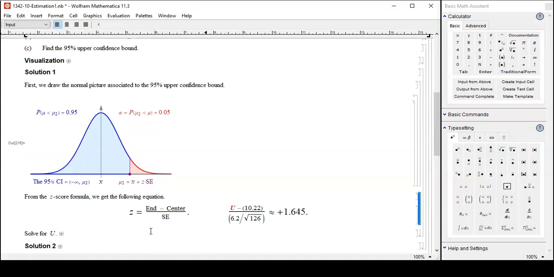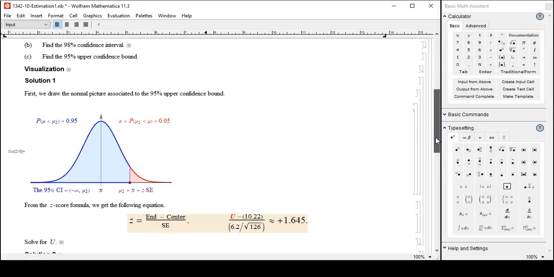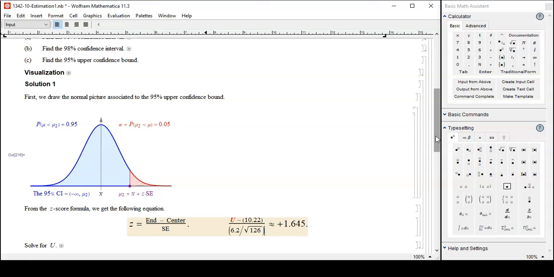And n here is, there's only one n this time, U, the upper confidence bound. And then minus center, 10.22, over standard error, which is standard deviation 6.2 over the square root of sample size 126.